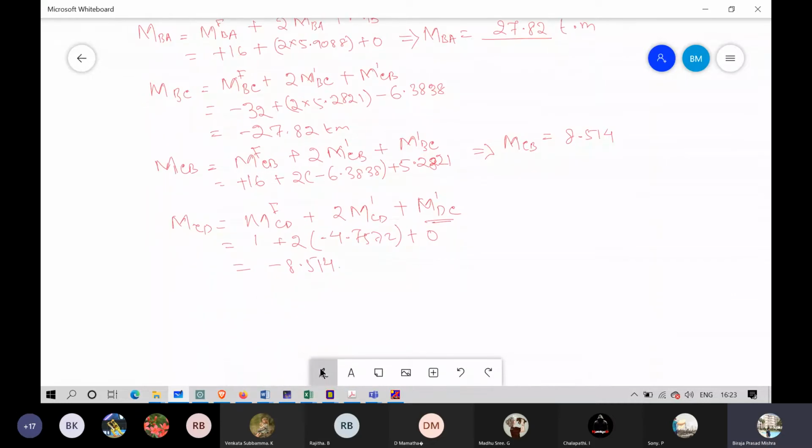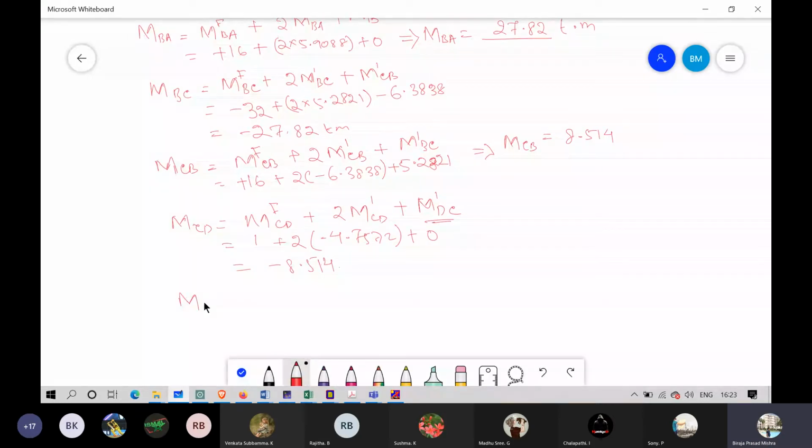Next is MDC. Do we need to find out the value of MDC, or have we already found it? No, sir, because by default we have already calculated it as 20 ton meter.